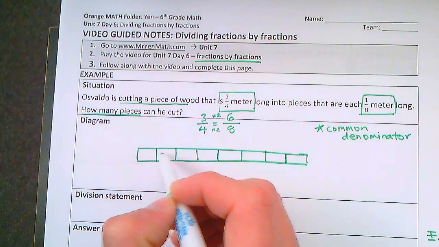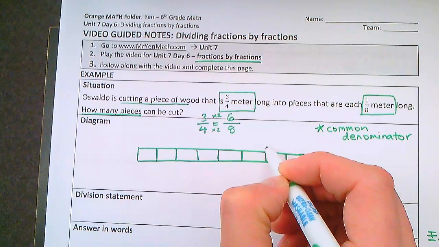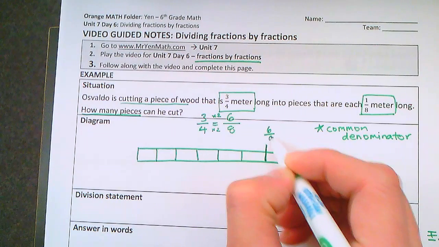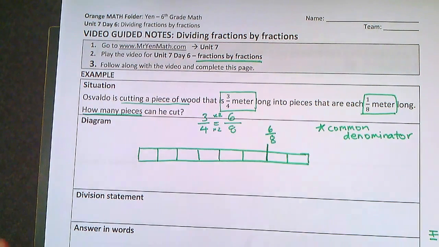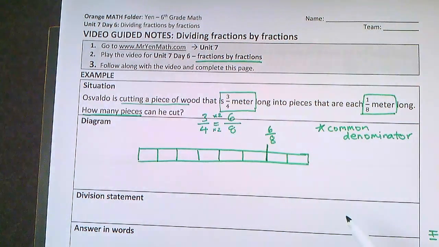And 1, 2, 3, 4, 5, 6. Here is 6/8. That's how long the piece of wood is. And he's cutting it into pieces that are each 1/8 long.